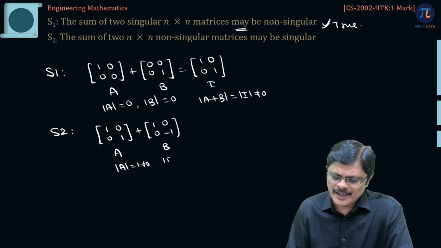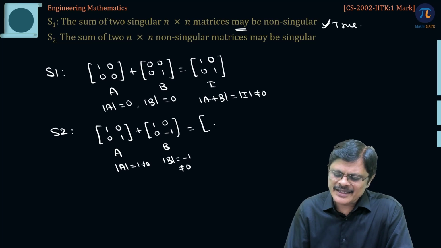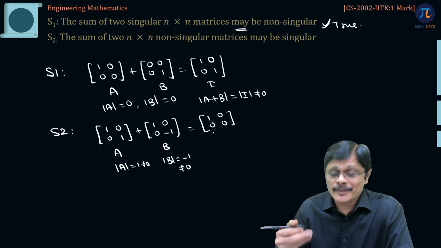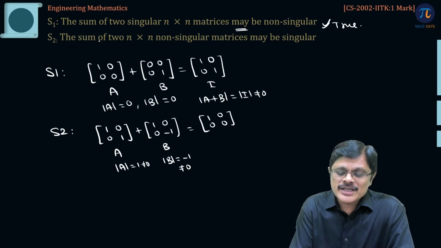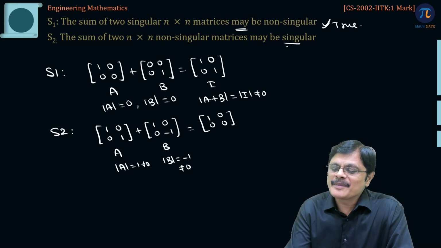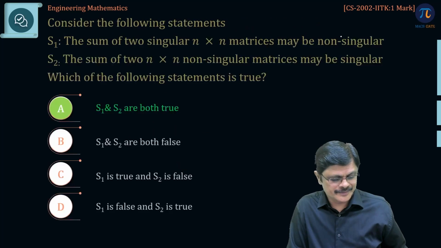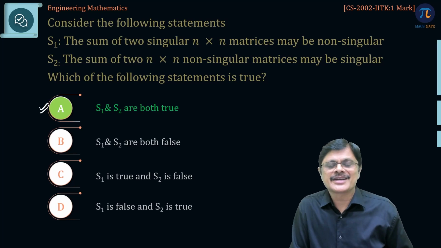B, the determinant of this is minus 1, non-zero. But when you add these two, you get 1, 0, 0, 0. The sum is becoming singular, that is, non-invertible. So the sum of two non-singular matrices may be singular, even this is true. That is, both the statements, both S1 and S2, are true.